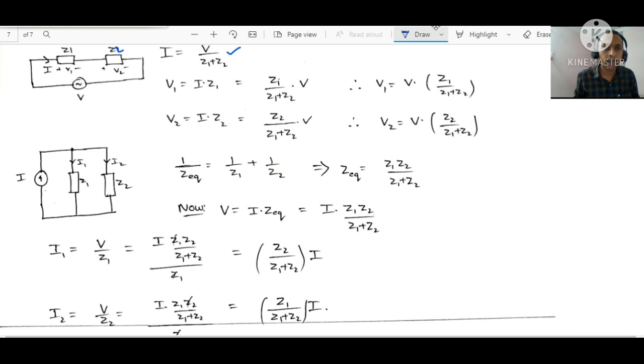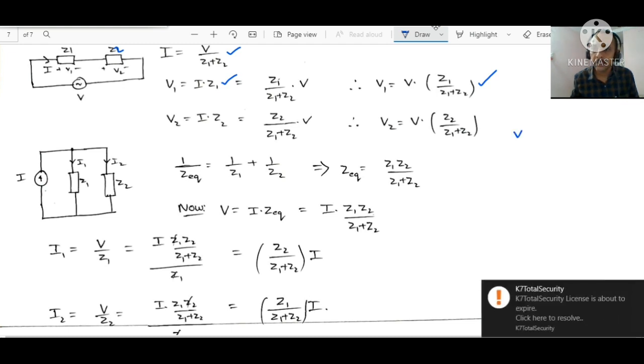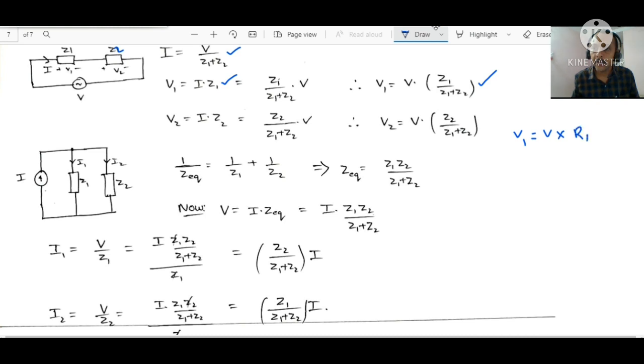If I want the voltage drop only across impedance 1, V1 equals I into Z1. But what about I? V divided by Z1 plus Z2. So indirectly, this is the voltage division rule. V1 equals total applied voltage into same arm impedance divided by total impedance. If you recollect, it is just like V1 equals total voltage into R1 divided by R1 plus R2, as we have seen in the resistors case.